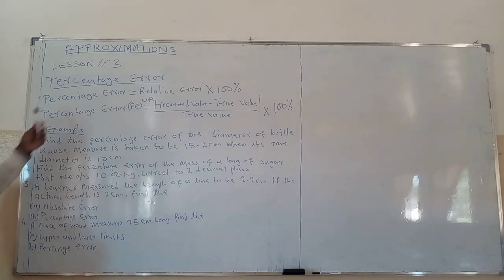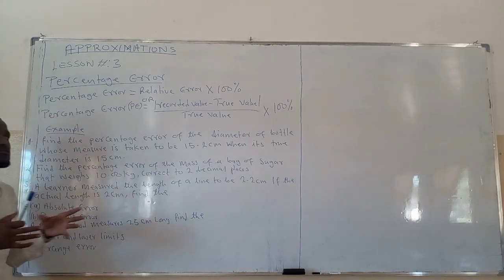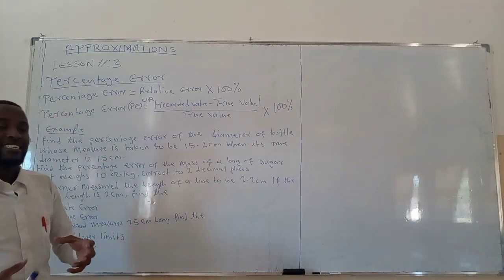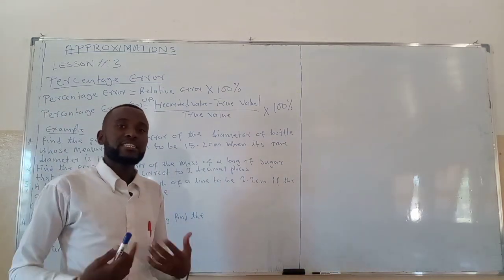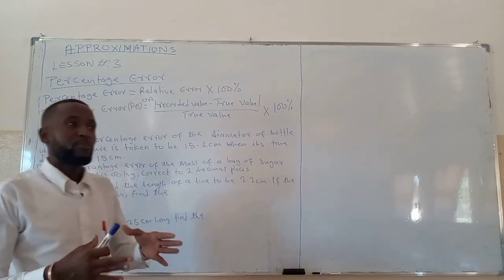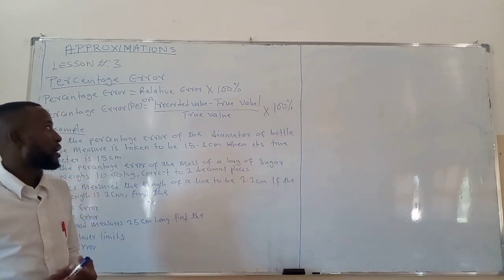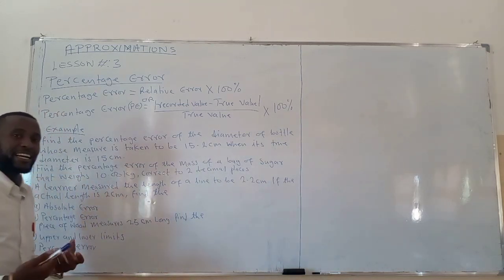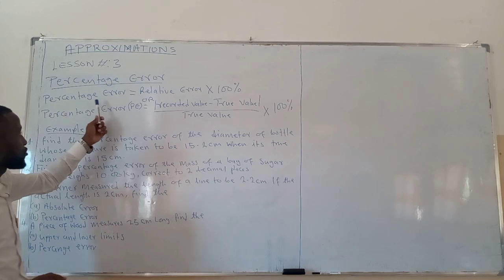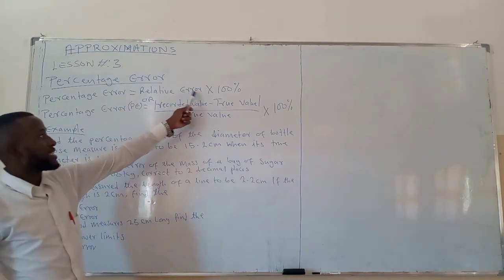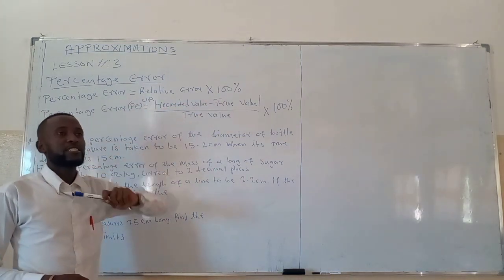Percentage error is one way of trying to find the error that is bound to occur, in percentages. In order to find that error in percentage, the formula you need to use is relative error times 100%.